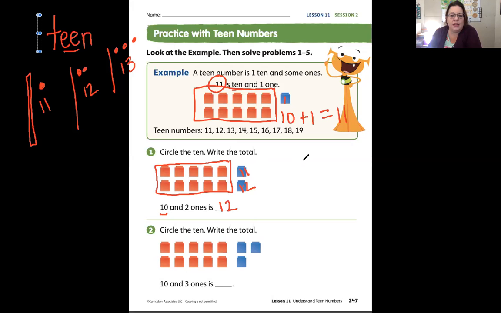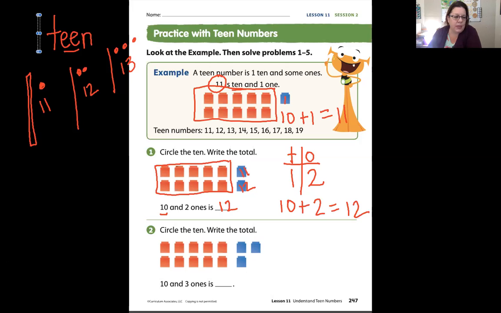And I can write, first you make a T, then you make an O. I can have the number 12. That means I have 10. The value of that one is 10 plus 2 more, right? So 10 plus 2 equals 12.